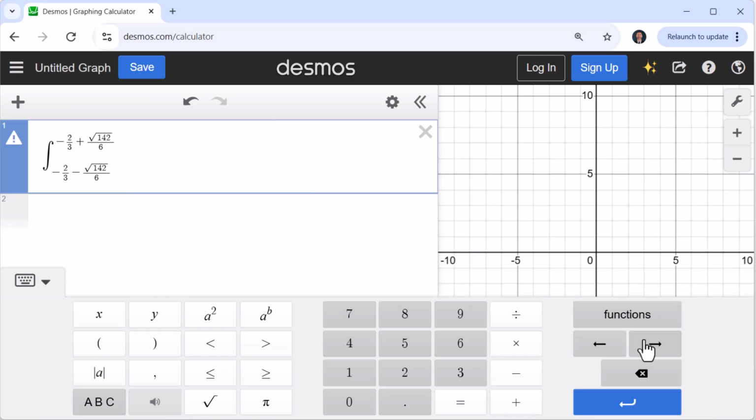Then in parentheses, the integrand function is negative y squared minus 4/3 y plus 7/2. Close parenthesis, and now we need to enter dy.